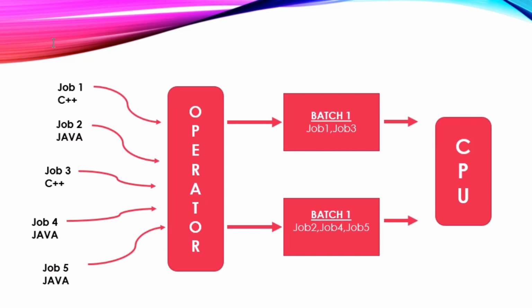It groups the jobs into 2 batches, that is, job 1 and 3 in the first batch, and job 2, 4, and 5 in the second batch. It then forwards these batches to the CPU for processing. The main objective of grouping these jobs into batches is simply to speed up their processing.